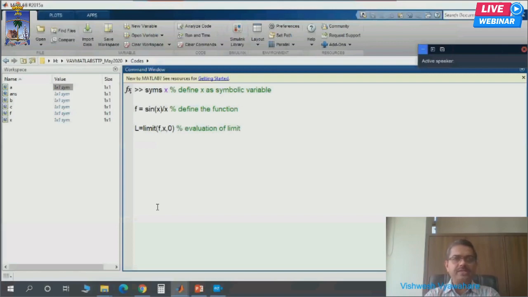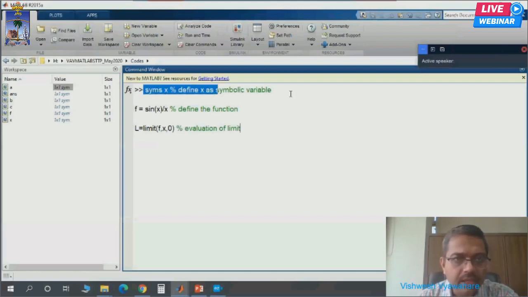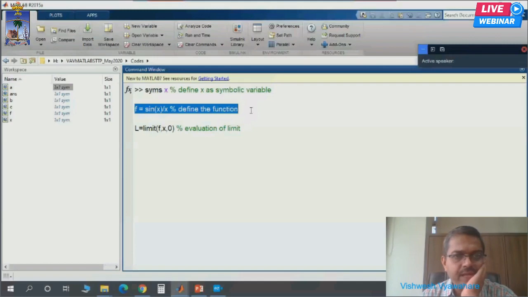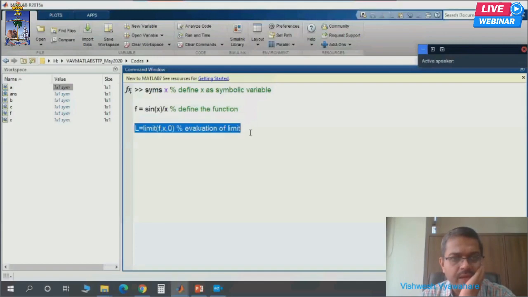Look at these 3 lines that I have put up on the command prompt. The first line tells me that I am defining a symbolic variable, which is x. Next, I am defining a function sin of x by x. And the third line tells that I want to evaluate the limit of this f as x goes to 0.